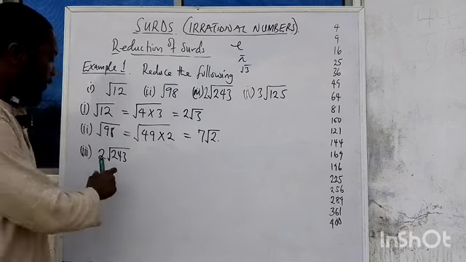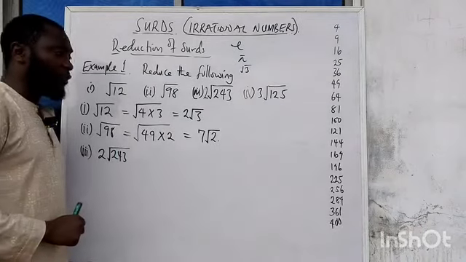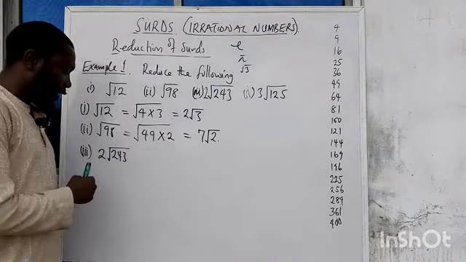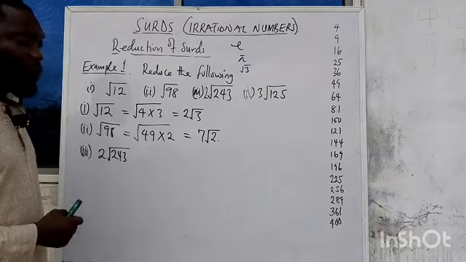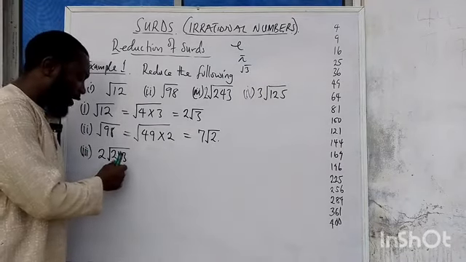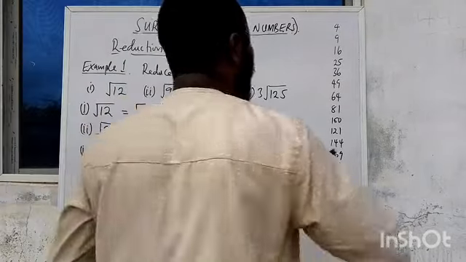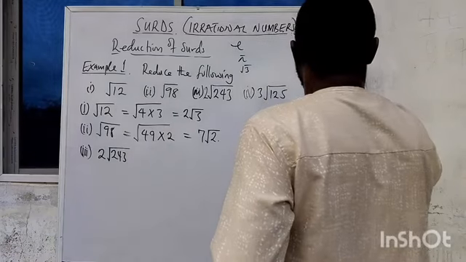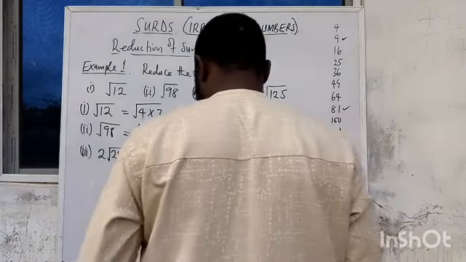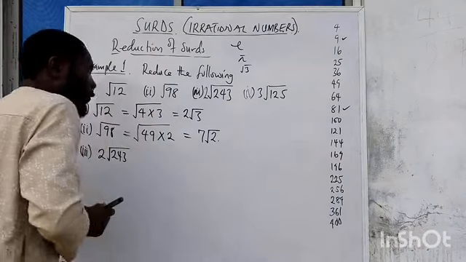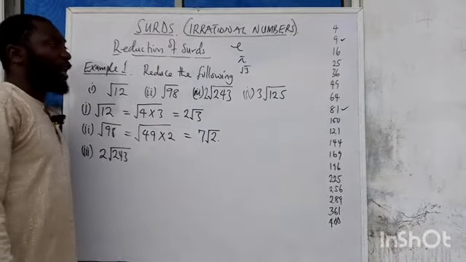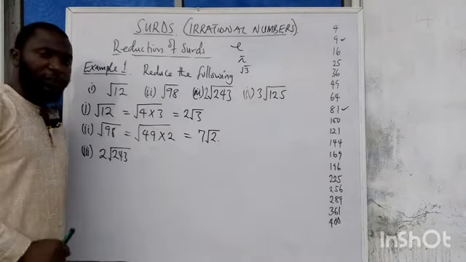We check for the perfect square that can divide 243. If you check carefully here, we have more than one perfect square that can divide 243. 9 can divide 243. 81 can divide 243. So these two values are perfect squares and they can divide 243.